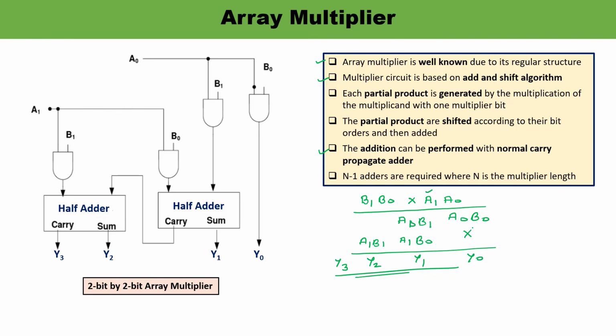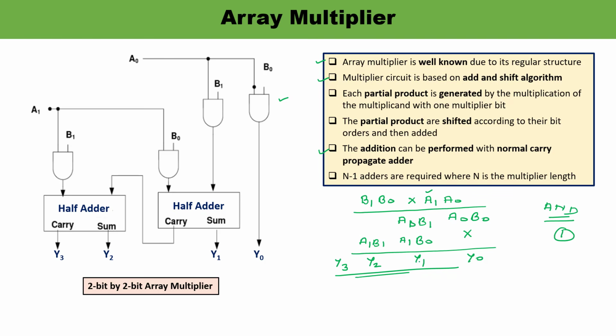So the basic gate you can utilize is the AND gate, and when both bits are 1, the output will be 1. Here for the first bit, A0, B0, you have used one AND gate, and the output you are getting is Y0. For the second stage, you are adding two numbers.